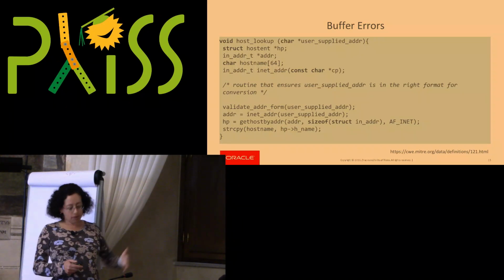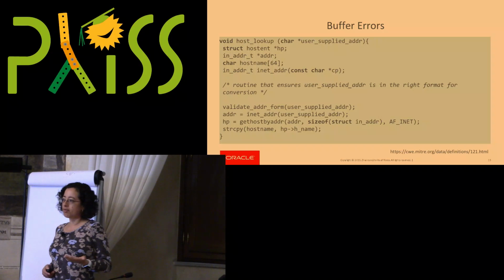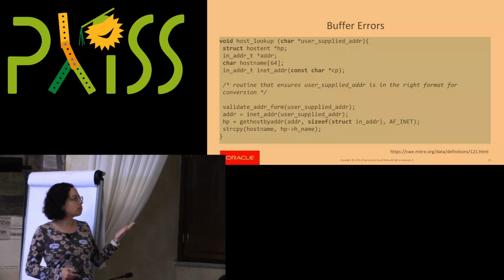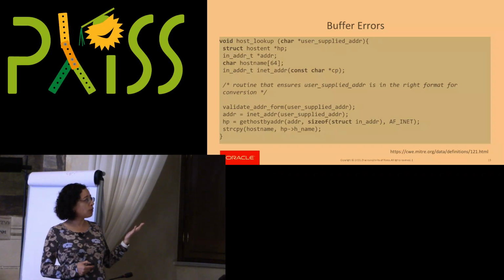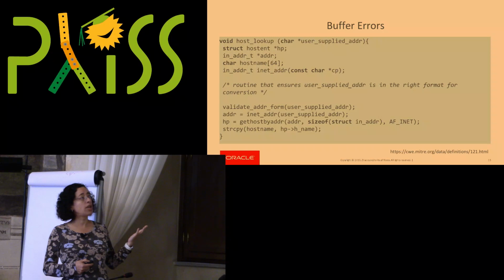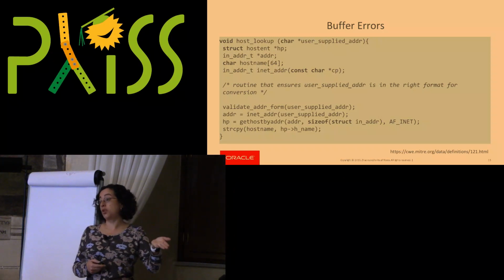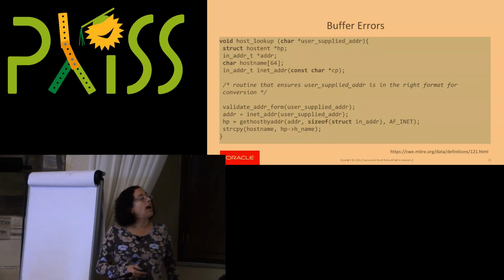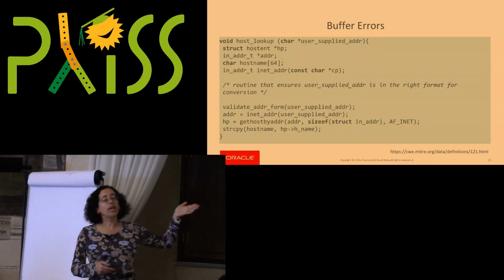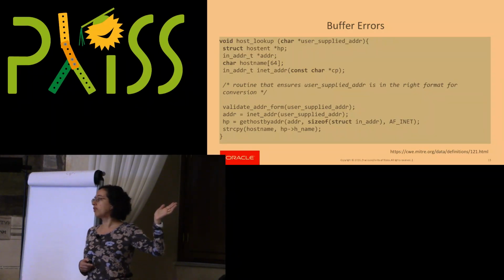And for buffer errors, you have different types of buffer errors that can happen. In this particular case, you can see that we have some code. We have a host name here that is an array of 64 characters, so this is being stored on the stack, right? And in this particular code, we have a stack-based buffer overflow.